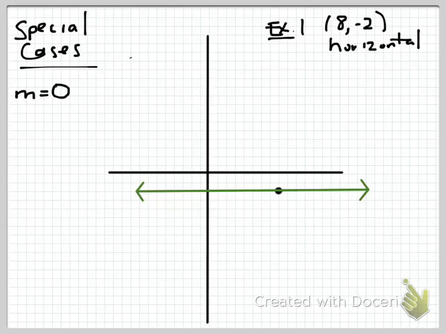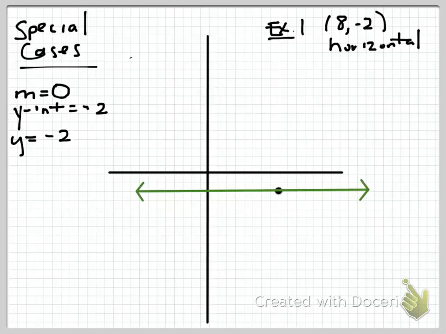What's our y-intercept? Okay, -2. Emily, what's the equation? y equals -2. Okay?